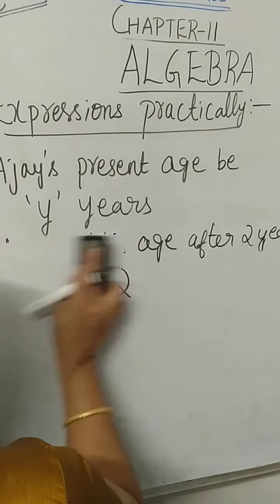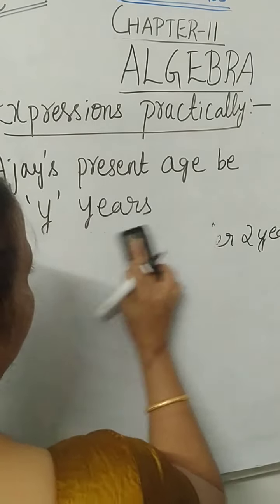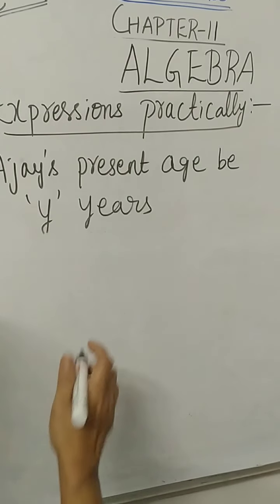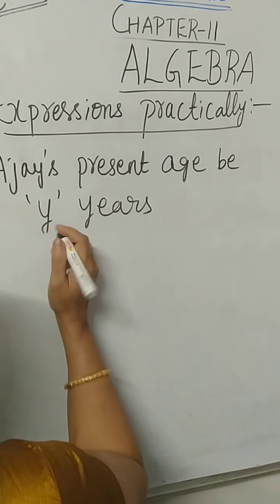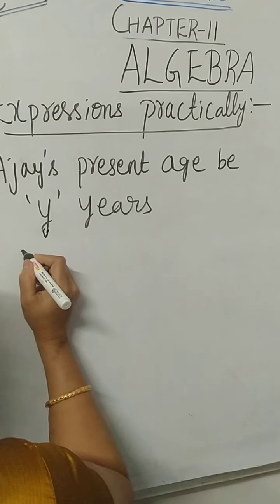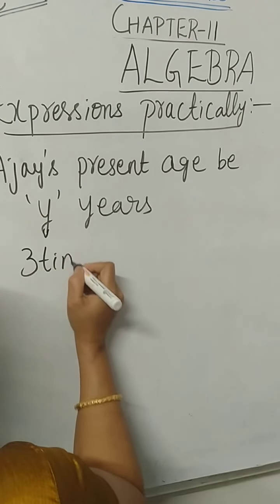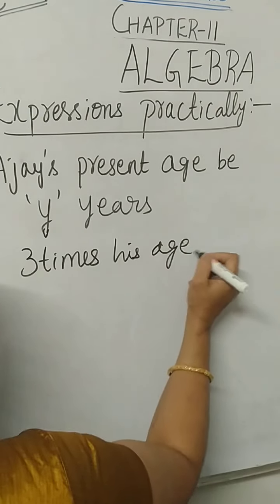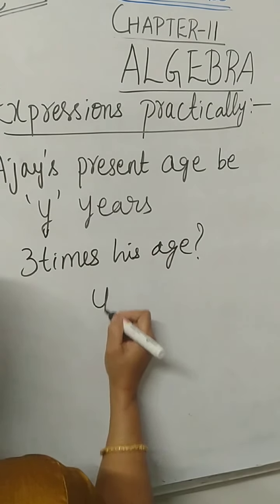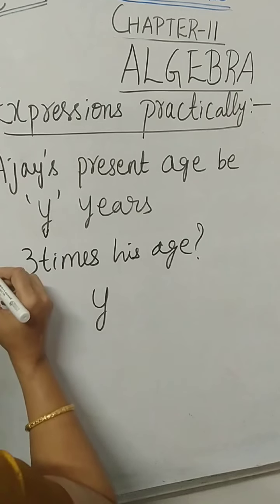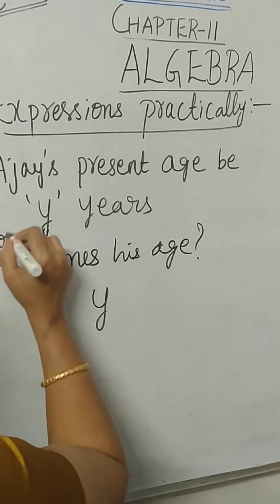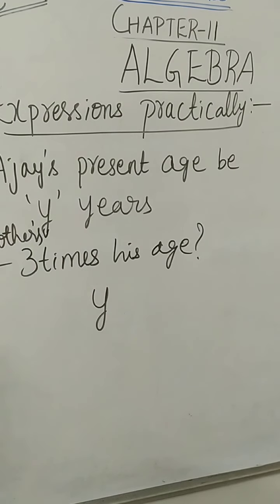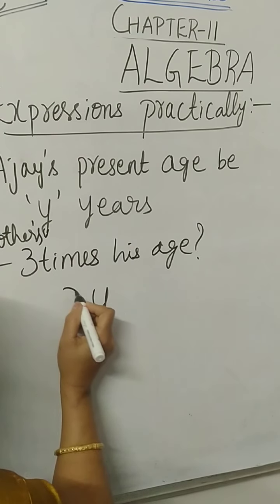Now, his mother. What will be his mother's age if his mother is 3 times his age? His age is Y. Who is 3 times his age? 3 times means it is multiplied by 3.